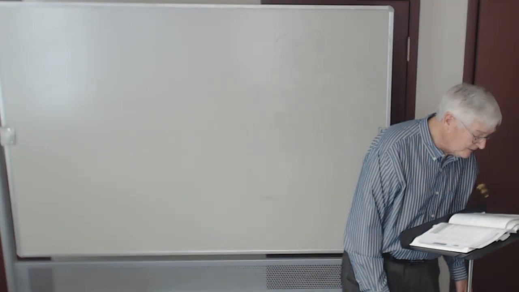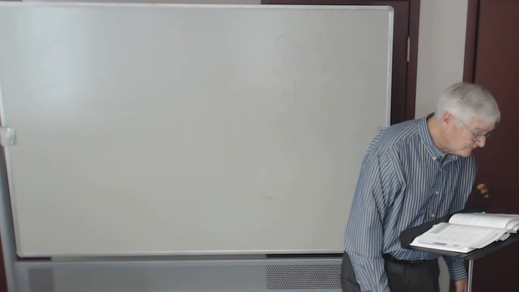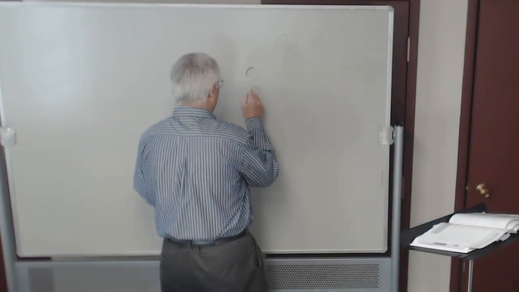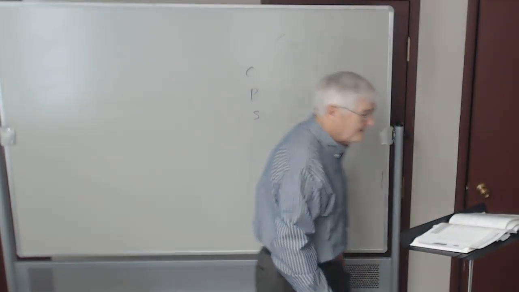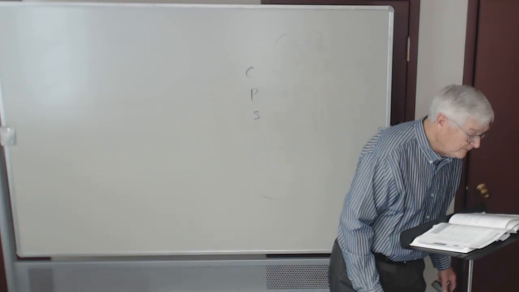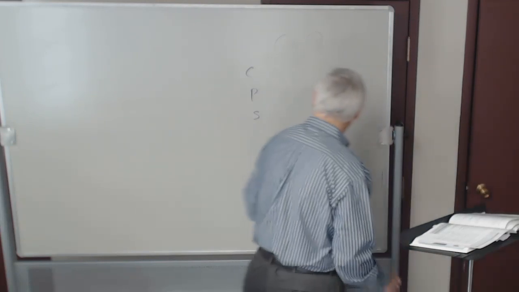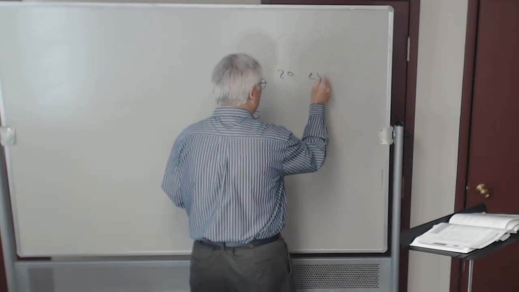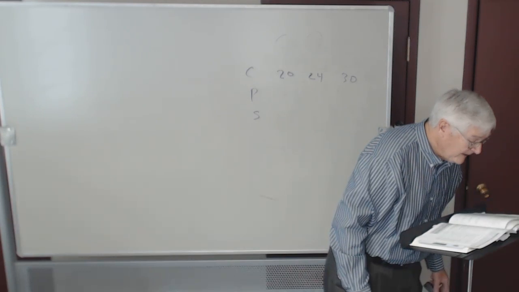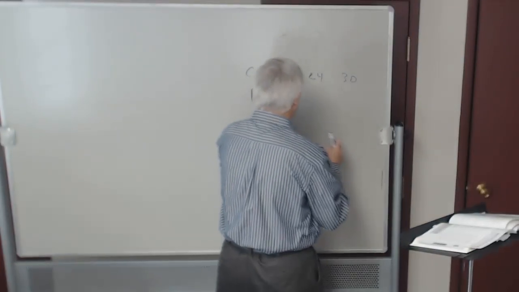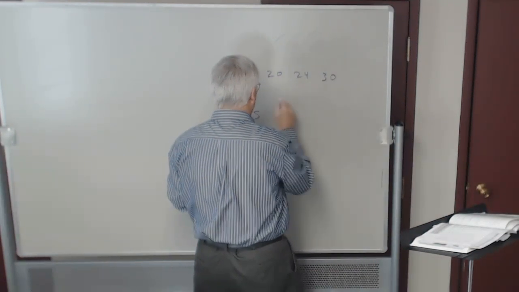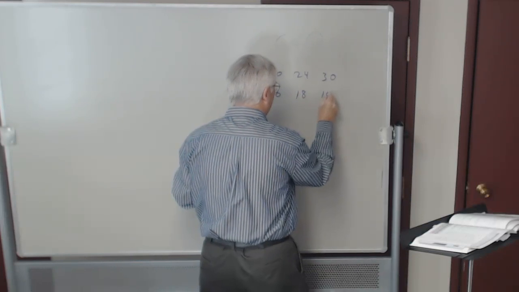Okay, we got a table here with candy, peanuts, and sandwiches. The issue is you're going to have to use the answers from problem 13. And we have 20, 24, and 30. And 10, 18, and 10.